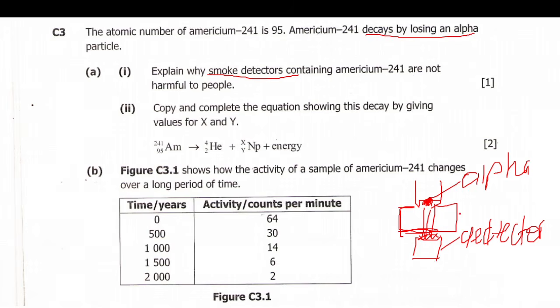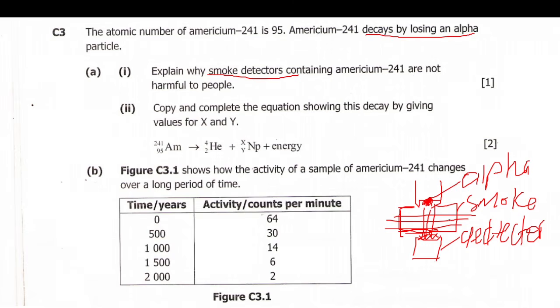However, if in the building there's smoke, when smoke passes here, when smoke crosses this distance or space in between the emitter of an alpha particle and the detector, it will block these alpha particles from reaching here.